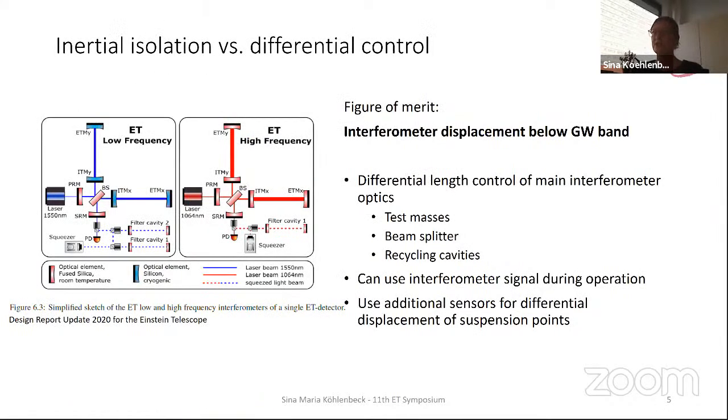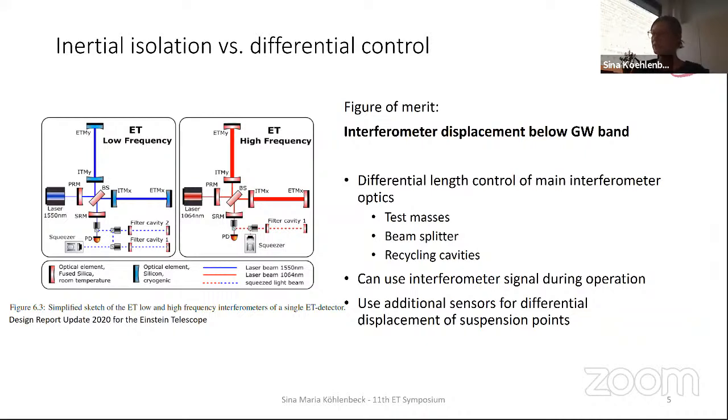If we then have a look into the interferometer, what's actually important is not necessarily the inertial control below the suspension resonances, but rather the differential interferometer displacement. So in principle, we don't need to reduce the inertial motion; we could also just reduce the differential motion. There we can, in principle, use the interferometer signal, but we can only use the signal during operation when the interferometer is in lock.